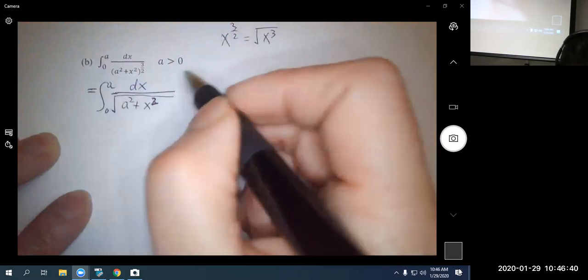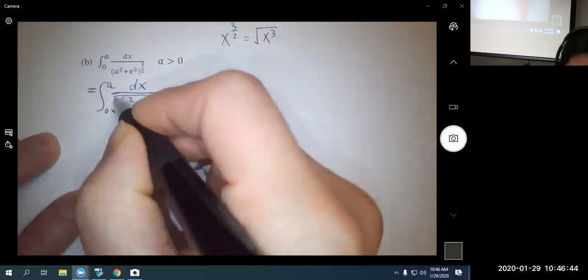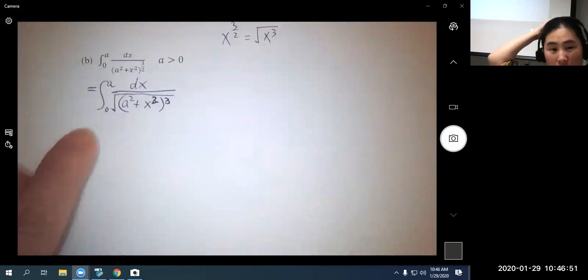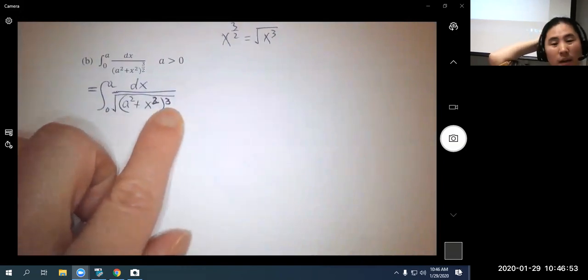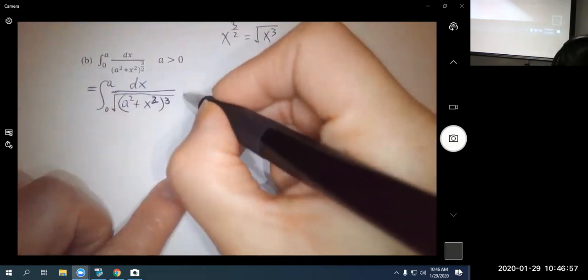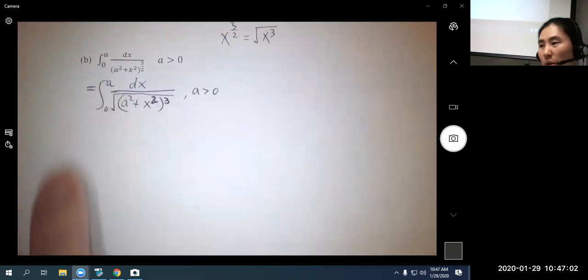Three halves means cube, then root, right? You agree with me, right? A squared plus x squared, then cube, then square root, where A is greater than 0. Okay, definite integral, careful.